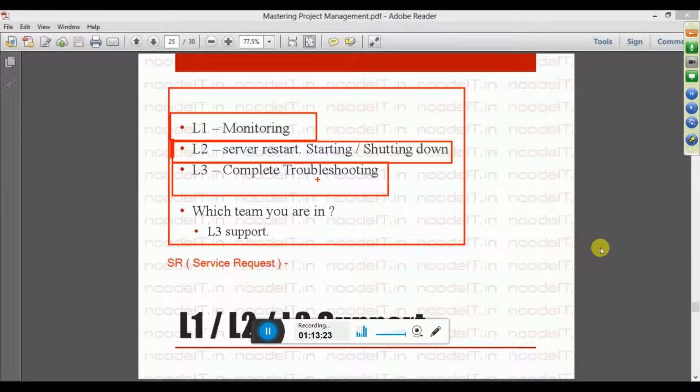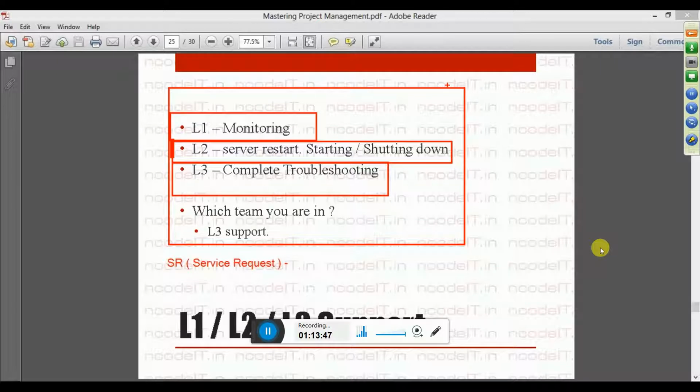That is when you have a large number of instances and a large project. So you have a decently good project and a single team of 15 members is actually supporting all the levels, L1, L2, L3. That's why you are actually in L3 support.